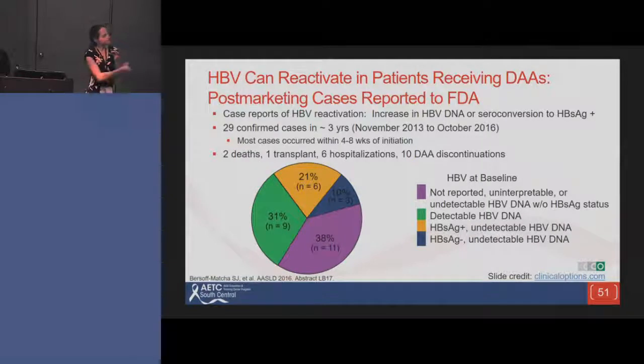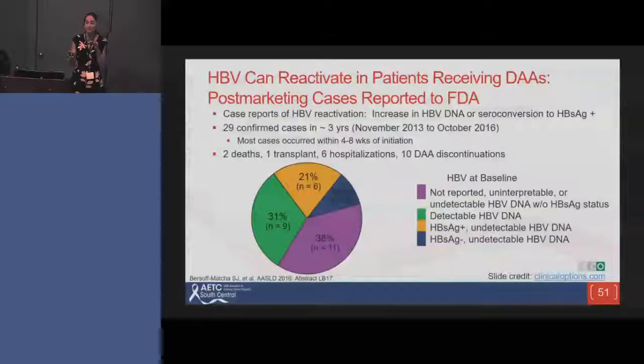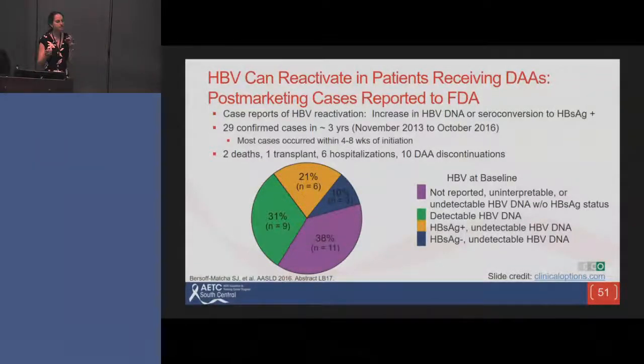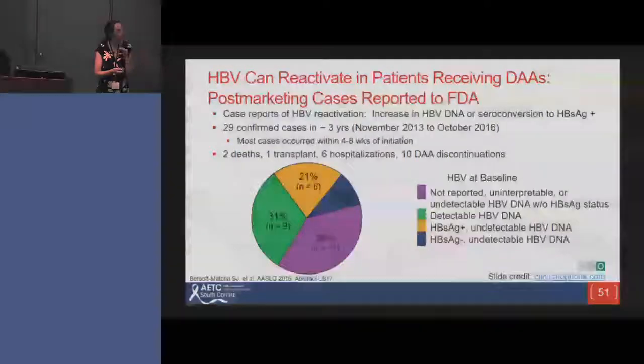So that wasn't tested. 31% had detectable hepatitis B DNA. 21% had positive hepatitis B surface antigen, and actually 10%, which is only 3 people, had negative antigen and negative hepatitis B DNA levels. So the other factor is that these recurrences of hepatitis B reactivation occurred about 4 to 8 weeks after starting direct-acting antivirals.